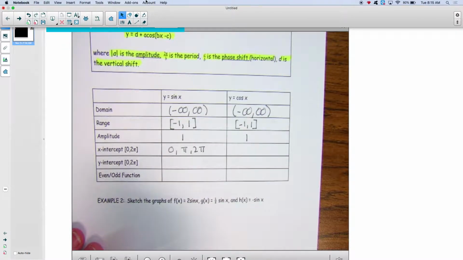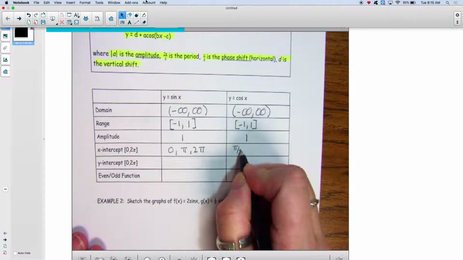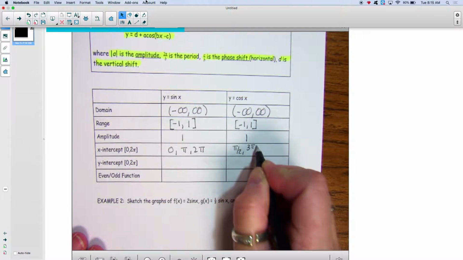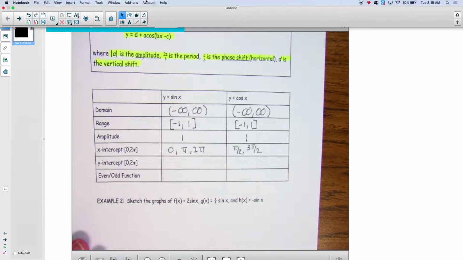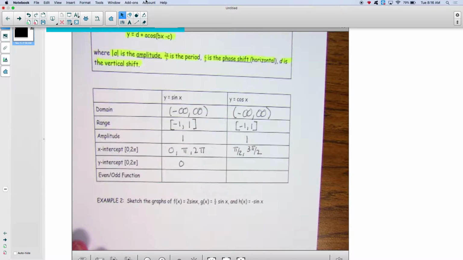What's your x-intercept for the cosine? Pi over 2 and 3 pi over 2. Guys, we're just looking at the graphs and filling this in. What's your y-intercept for the sine? 0. What's your y-intercept for the cosine? 1.